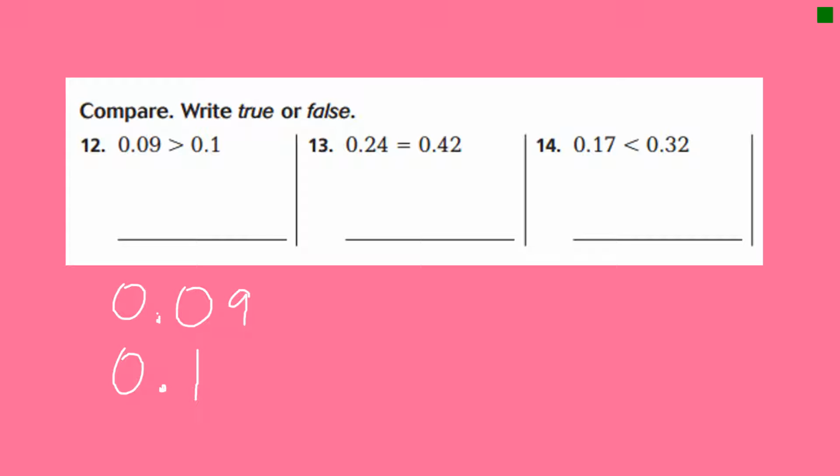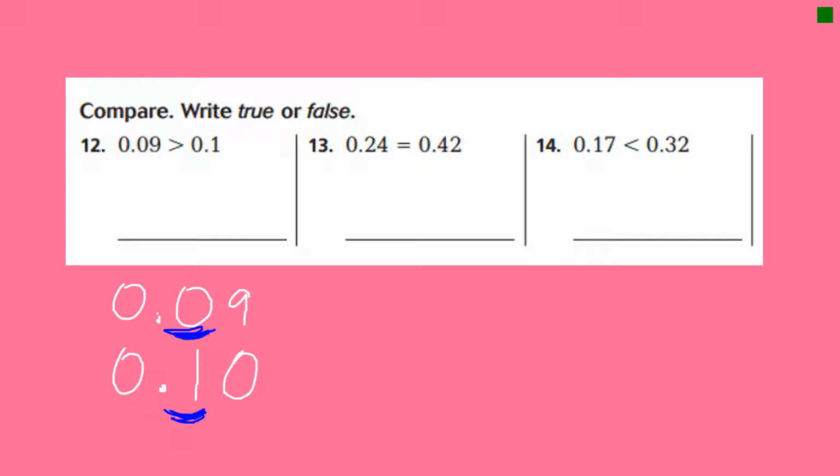Now look at that. If I look at these place values, there's no value in the tenths there. And in this one, there's 1 in the tenths place. And let's put a 0 there. That doesn't change the value.